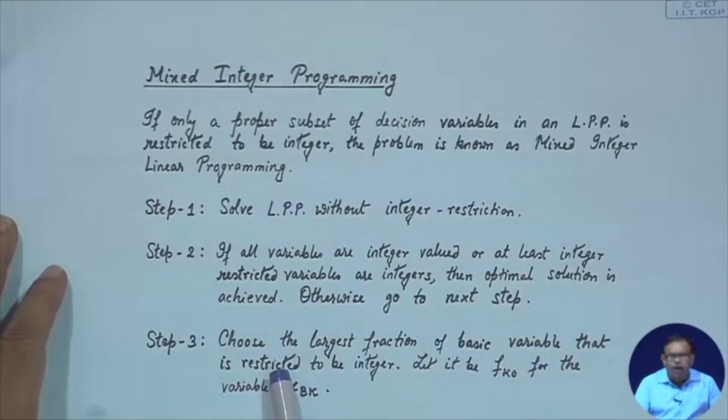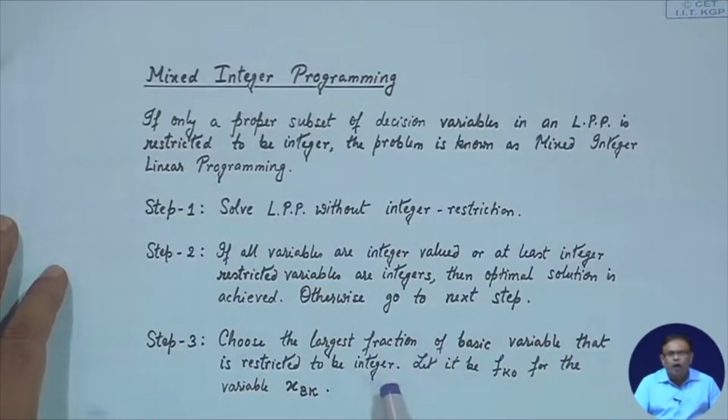In step 3, this is just like the Gomorian cutting plane method that we did first for the IPP problem. Here you choose the largest fraction of a basic variable that is restricted to be integer. Let it be f k 0 for the variable x b k.